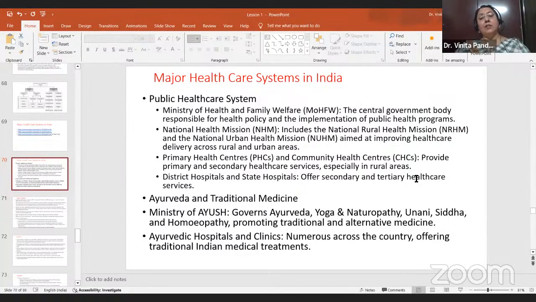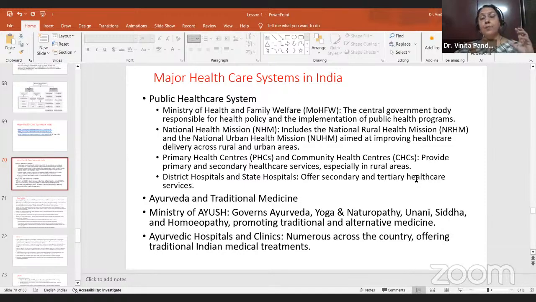Similarly, you have the National Health Mission, which is further categorized into the National Rural Health Mission and the National Urban Health Mission. This categorization in terms of urban and rural is aimed to improve healthcare delivery across rural and urban areas.